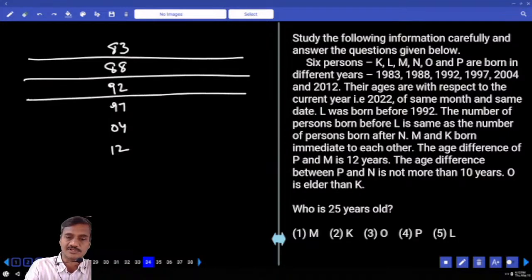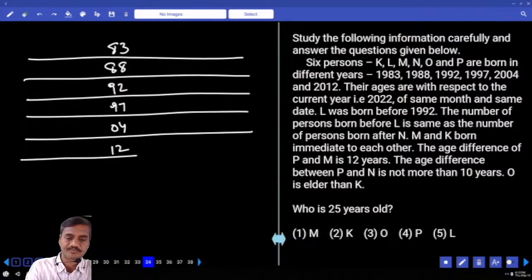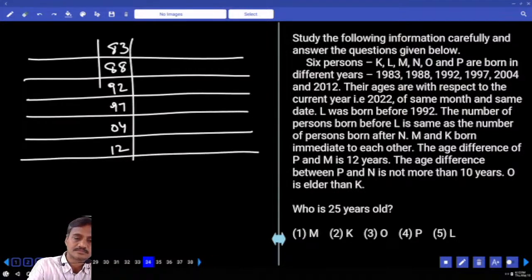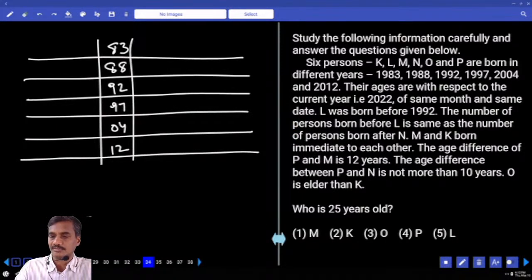Then coming to condition number 1. Now in the first condition, their ages by 2022. The person who was born in 83 will be of how many years by 2022? 17 plus 22, that is 39. Isn't it?